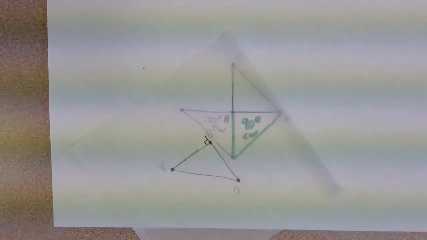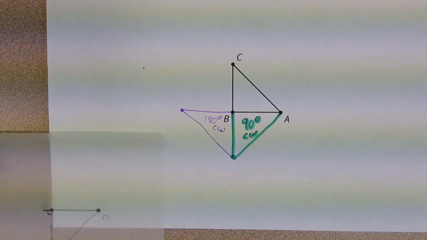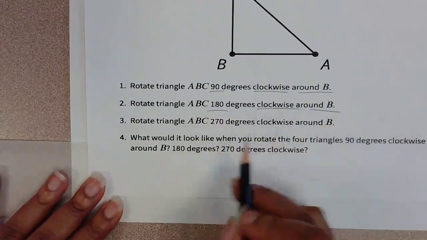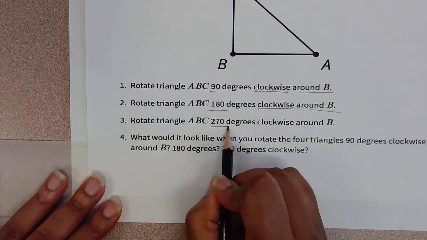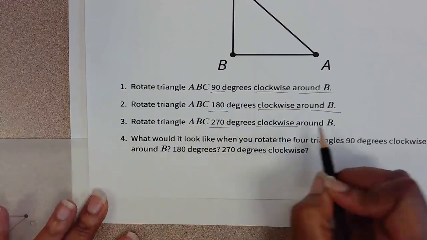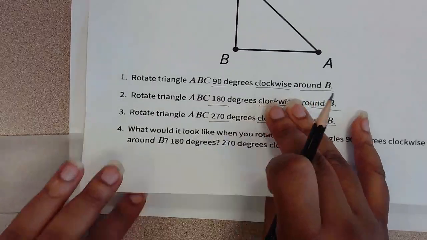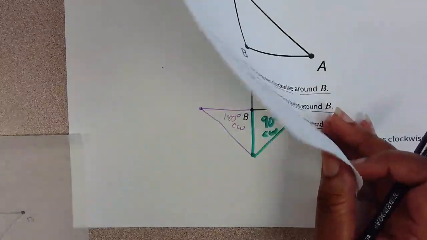All right. Now, question number 3. We'll go back and look at our questions. Question number 3 says I'm rotating 270 degrees clockwise, again, around point B. And 270 degrees is basically 3 sets of 90. I've already rotated 2 sets of 90. I just have to do that third one.